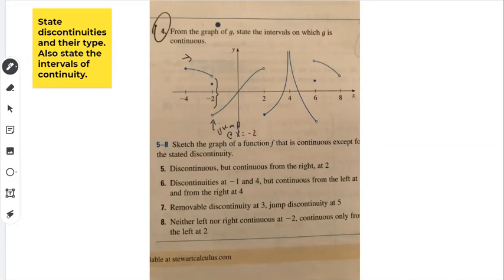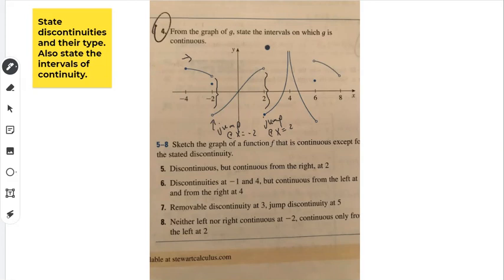And then it keeps on going until you get to x equals 2, and then the graph jumps again. So there's going to be a jump discontinuity at x equals +2. So far, 2 jumps, okay? Does that make sense to you? The jump discontinuities?